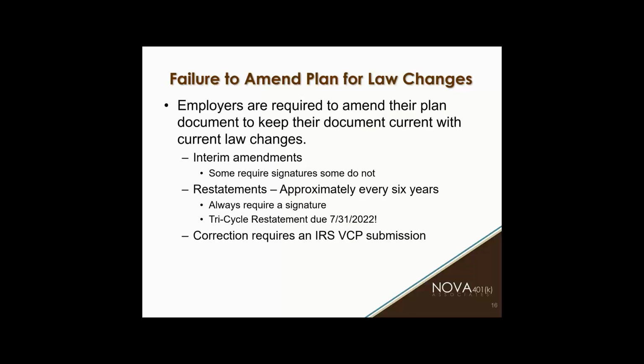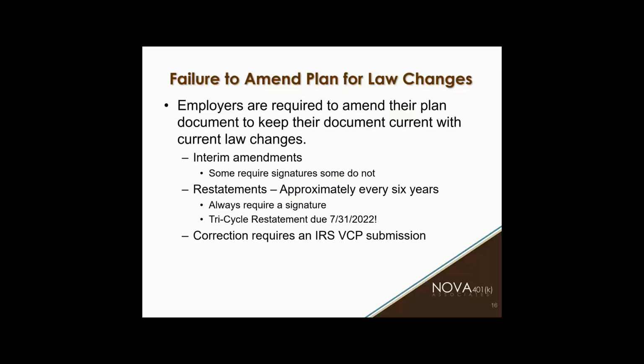So almost all the providers, like TPAs such as NOVA, use template documents that have been pre-approved by the IRS, and they come with a certification letter from the IRS saying that so long as you don't go outside the blanks of this adoption agreement, you have a qualified plan. And so they update these template documents every so often, usually about every 6 years, and then they require your companies to update to these documents.